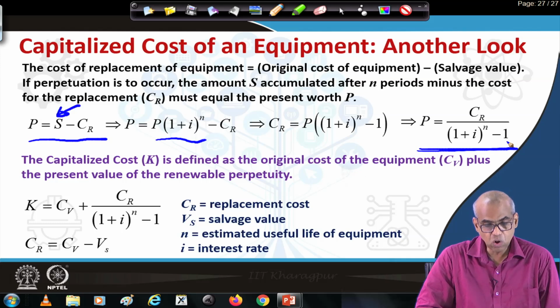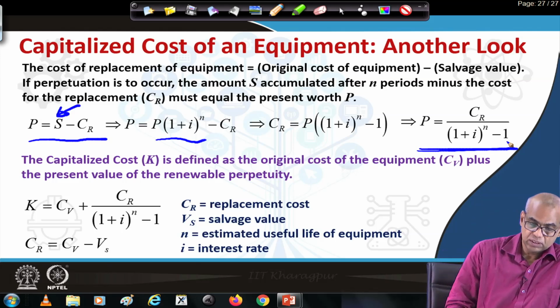So, the capitalized cost is defined as the original cost of the equipment plus the present value of the renewable perpetuity.